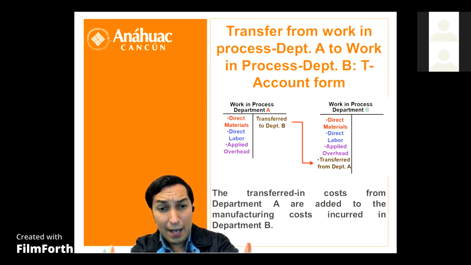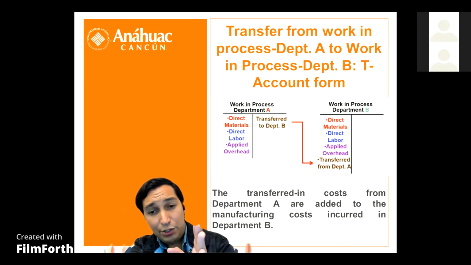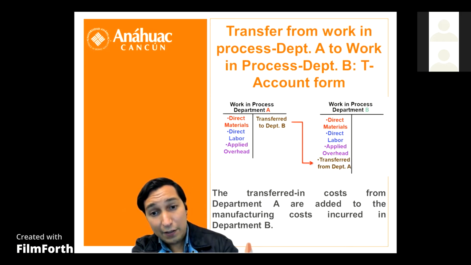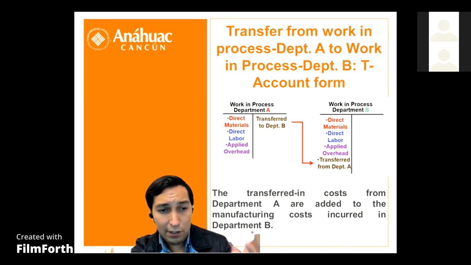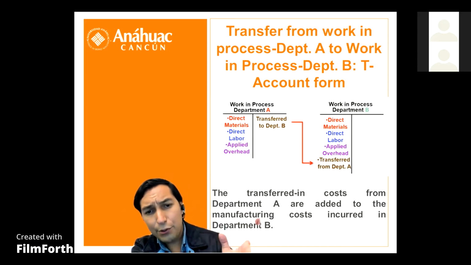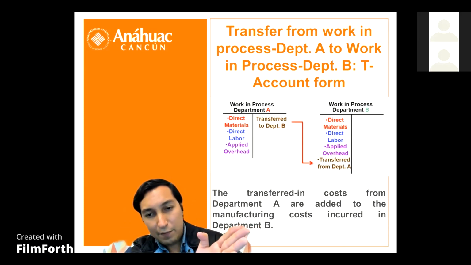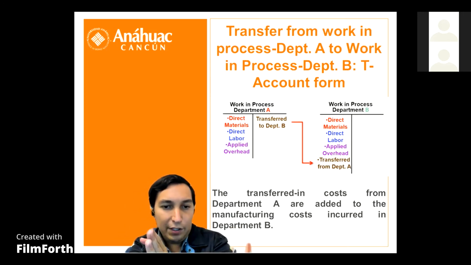And then when we finish our work in Department A, it gets transferred to Department B. So remember, we have a flow. We need to be able to picture that flowing of our work through our company. It goes from Department A to Department B, and then from Department B we'll probably finish it.